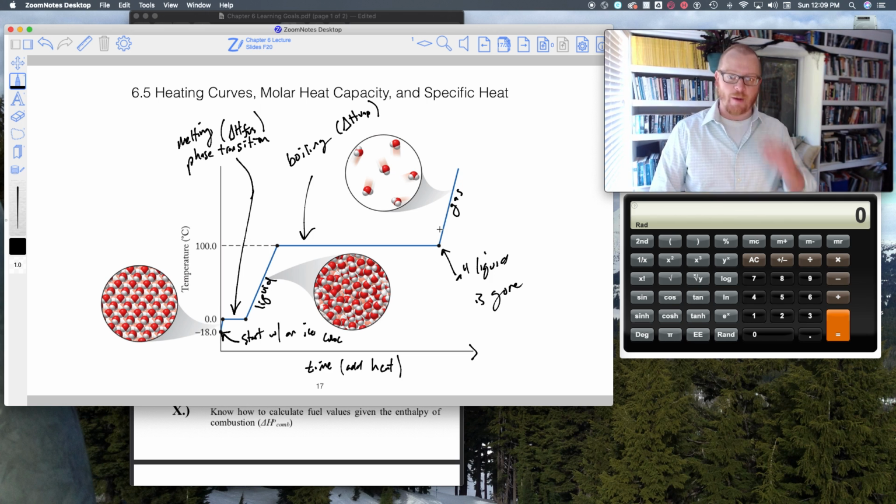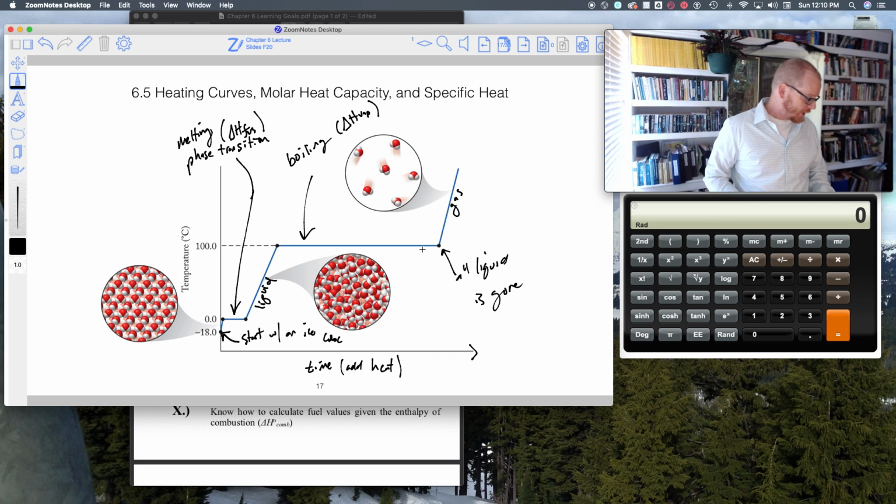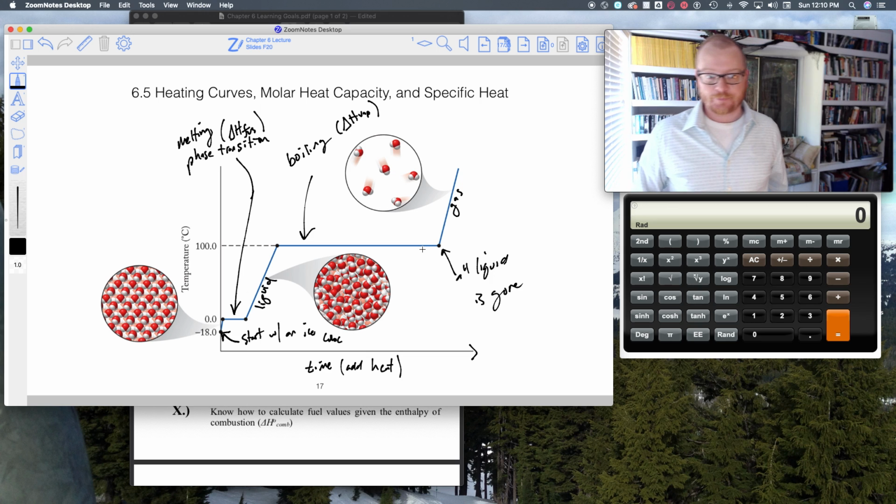In fact, when you hear about people having steam burns, it can be quite serious because you can get gases, not only water gas, steam, but other gases, to a very hot temperature. But you can never get a liquid hotter than its boiling point, and you can never get a solid hotter than its melting point. This lag time as we're adding heat is going into the molecules to rearrange them to change their phase.